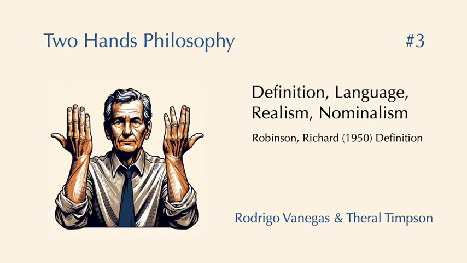So if I say pass the salt, what I say is true if you do indeed pass the salt, but it should not be confused with truth value as the value of an assertion, because it is in fact not an assertion. The reason that's interesting and important is because the truth conditions, as the definition transitions from being a stipulation to a lexical entry in the vocabulary, remain the same.